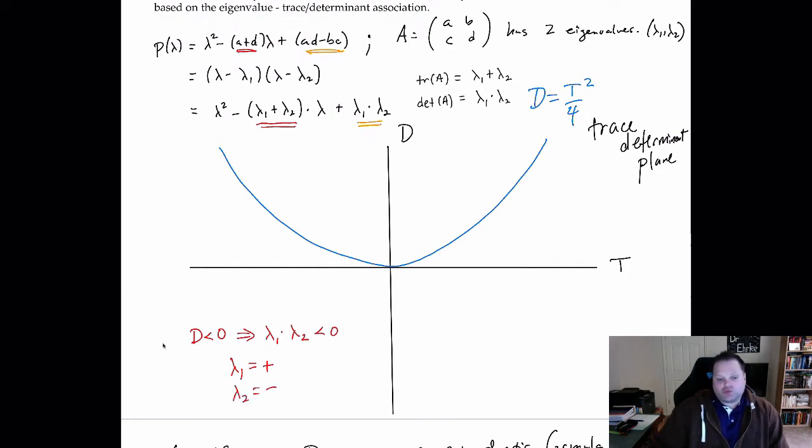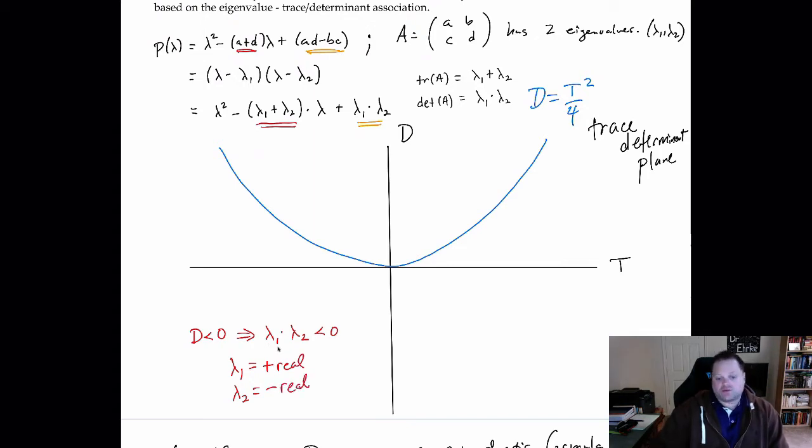I know they have to be real because if you have complex roots, they're complex conjugates of each other, so one of them is not positive and the other negative. The determinant in this case must be this form. So which kind of solution behavior have we talked about where you have one positive real root and one negative real root?